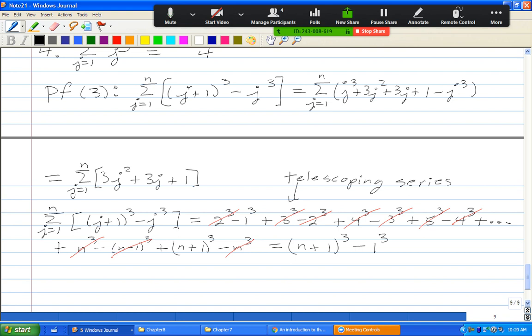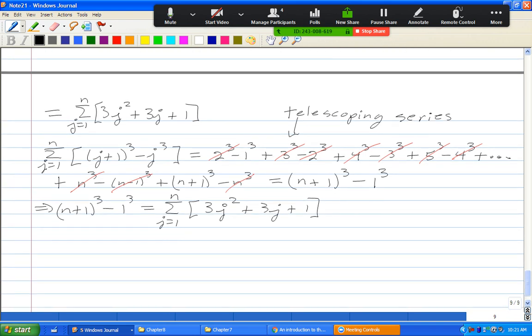Okay, so now n plus 1 cubed minus 1 cubed is the same as this series. I just rewrote it. And so it must equal the sum j equaling 1 to n of 3j squared plus 3j plus 1.